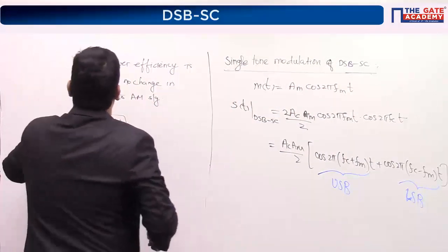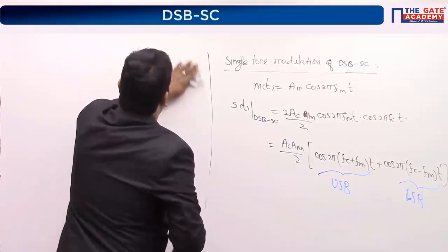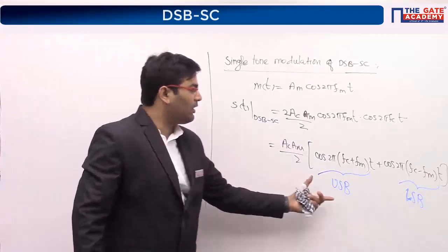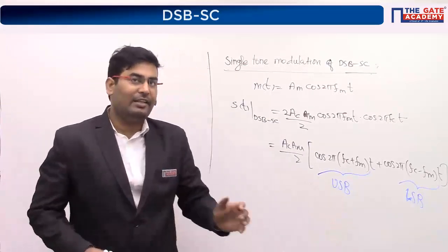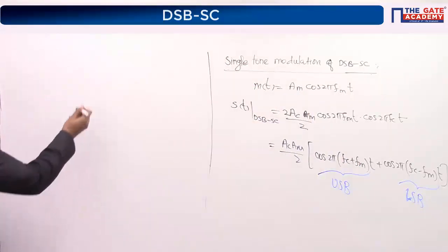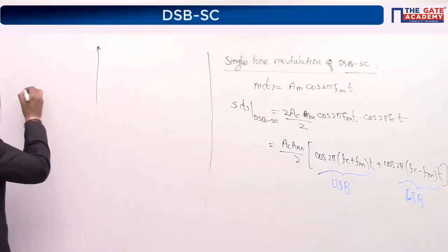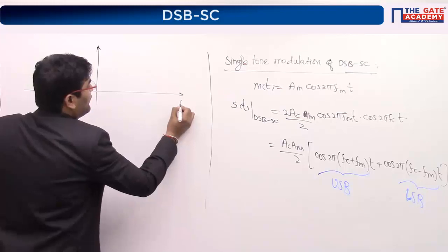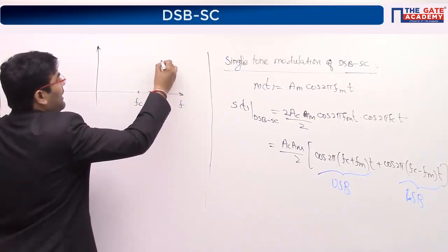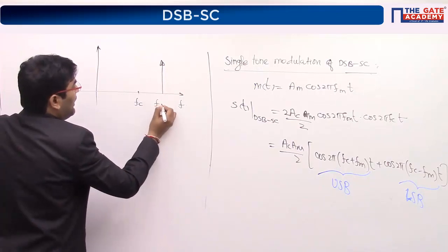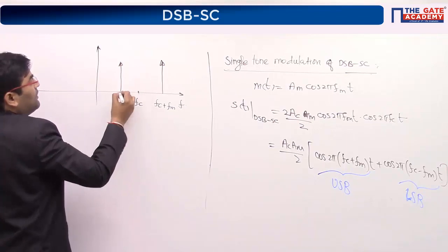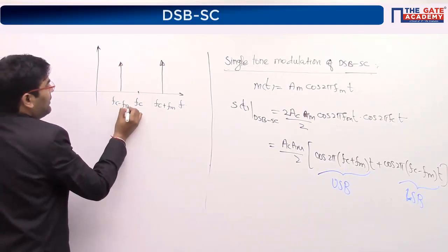If I want to draw this spectrum, I have told you so many times that when you write these types of long equations, never write the Fourier transform of this. Directly jump to the spectrum. So guys, the spectrum will look like this. In the frequency domain, at fc there is nothing, but we have an impulse at fc plus fm, the upper sideband, and another impulse at fc minus fm.